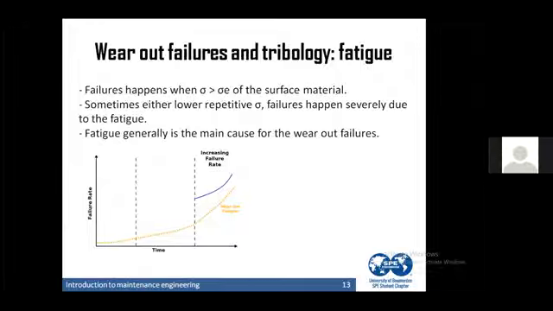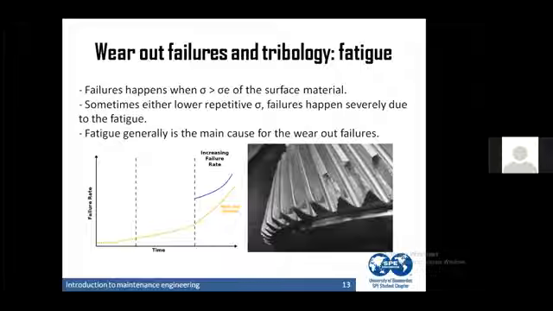But when we have repetitive low stresses, we will have fatigue. Because of that, as I said before, any small stress, any small force will damage our equipment when it is in its last period of life. So fatigue is generally the main cause of wear-out failures.